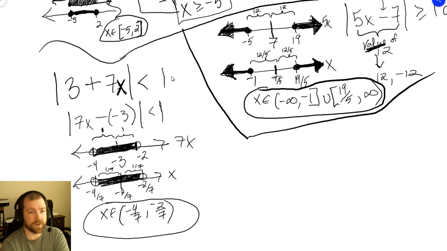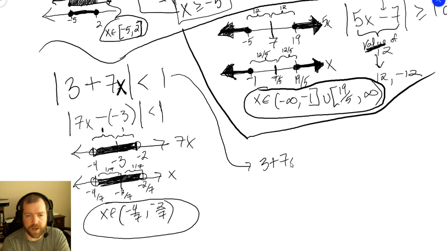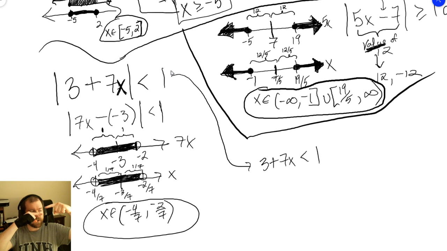And then algebraically, right? If we want to do the algebra for this, then we're going to do the same thing we did up top. The subtraction, as it is, is going to be 3 plus 7x is less than 1. It's just literally whatever we had up top. We are less than, so our border points, we must be closer to the target.